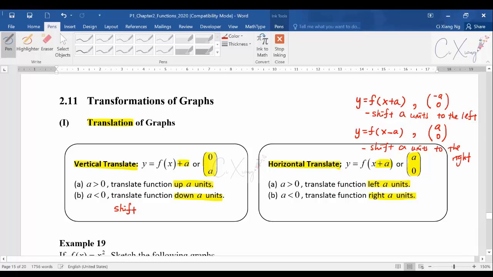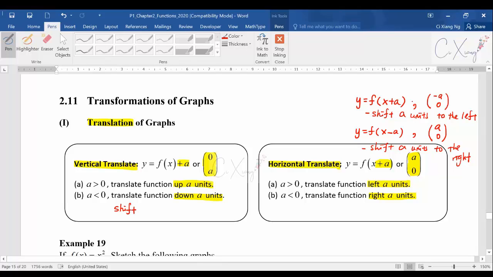Because when we simplify everything in one formula, a lot of students feel very confused. Like, the greater than 0 and smaller than 0, and also the sign over here makes them feel very confused. So I think it will be good if you can separate it into two cases here, so that you understand it better. When you're having x plus A or negative A, that means you shift A units to the left because you're having a negative value here.